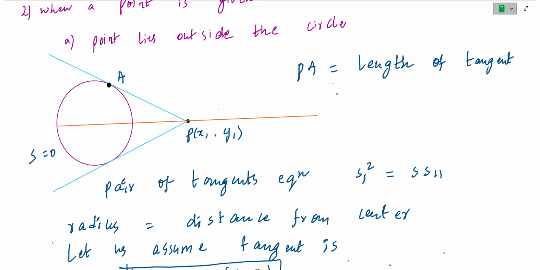The length of tangent is given by the formula under root S11. So that is the PA length.